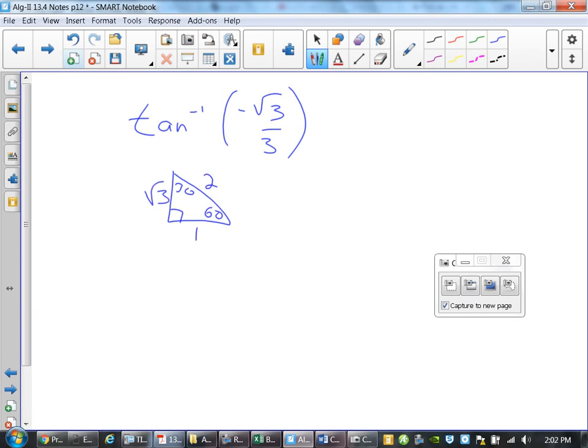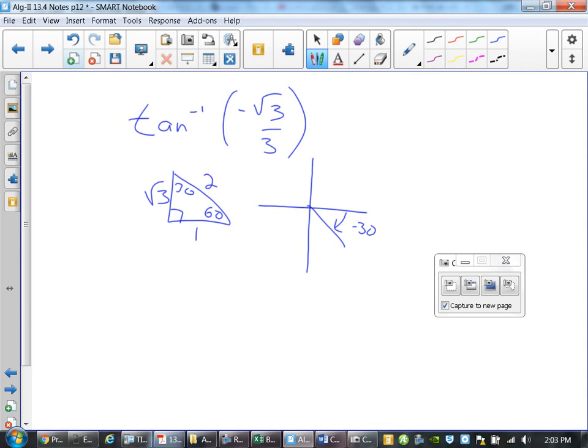Which one of those gives me a tangent of root 3 over 3? 30. But it's negative, so that means it's going to be negative 30 degrees or negative pi over 6. So it's okay that the answer is negative, you don't make it 330 degrees.